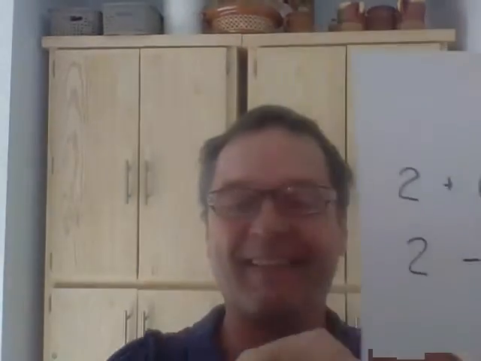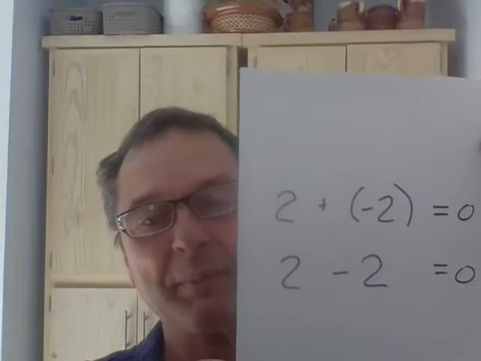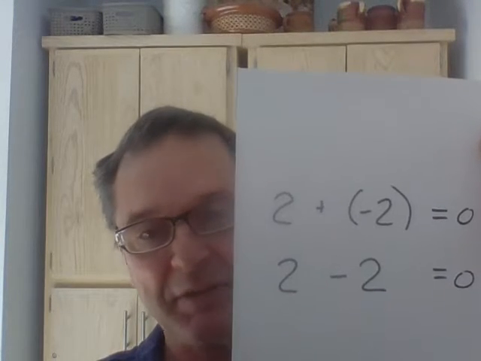Like this. Sorry, you see, I'm not super high tech here. 2 plus minus 2 is 0. Or 2 minus 2 is 0.